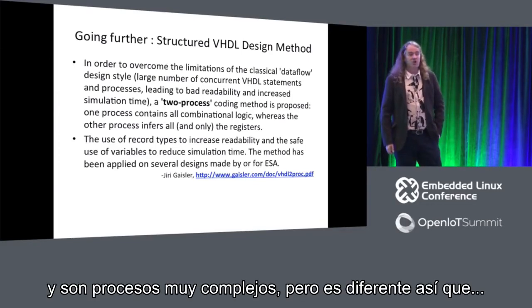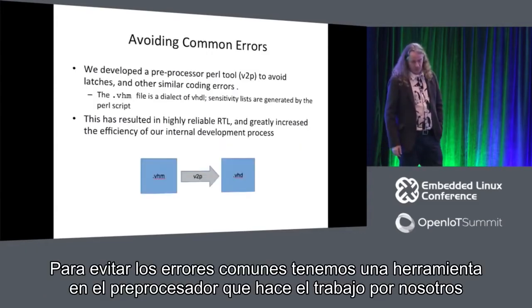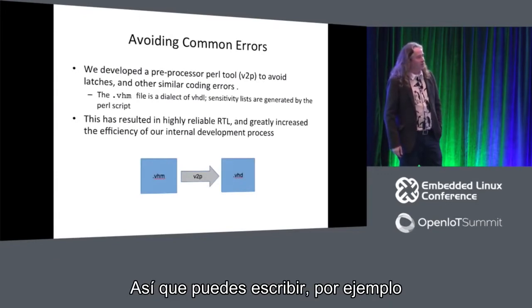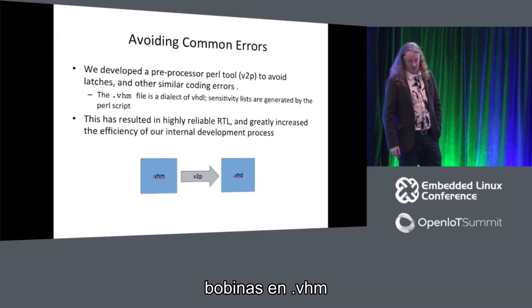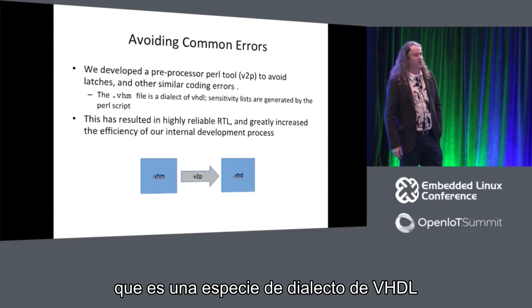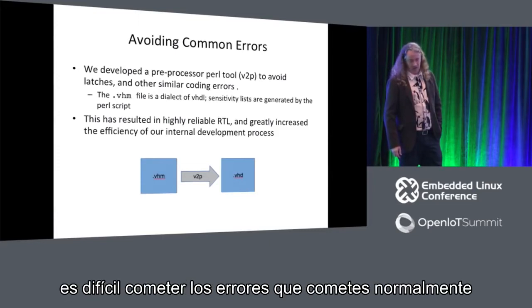And they're very complex processes, but it's different. And for avoiding common errors, we have a preprocessor tool that does that for us. So you can't write, for instance, latches in VHM, which is sort of a dialect of VHDL. It's hard to make the mistakes that you would normally make.